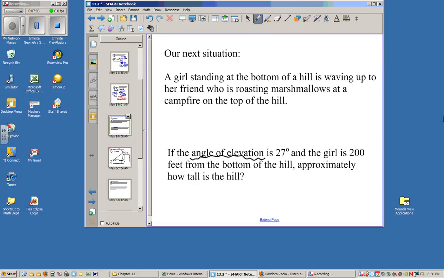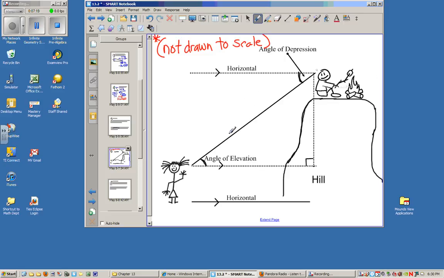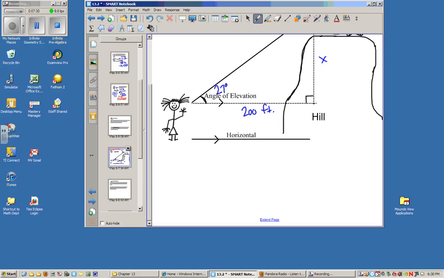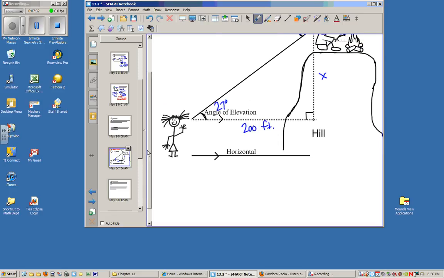So let's go back to this problem and see if we can solve this. They tell us the angle of elevation is 27 degrees, and the girl is 200 feet from the bottom of the hill. We have to find how tall this hill is. So we have 27 degrees here for angle of elevation. She's 200 feet from the hill, and we want to figure out how tall that is. Let's set up an equation. We have the opposite side and our adjacent side, so we're going to need to use tangent.